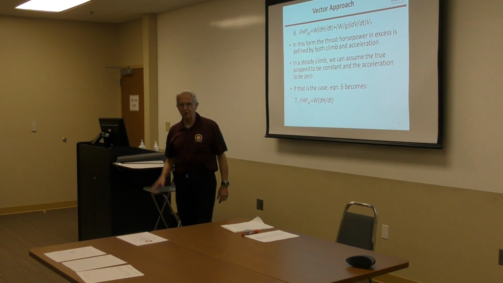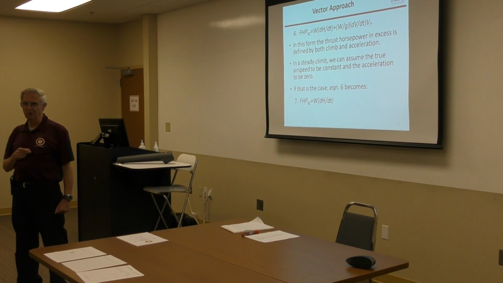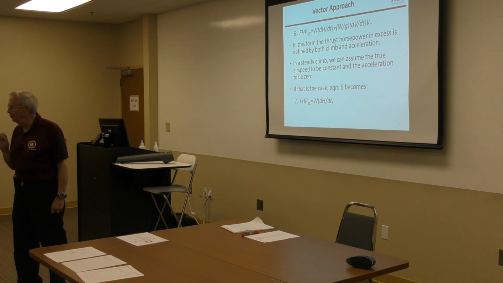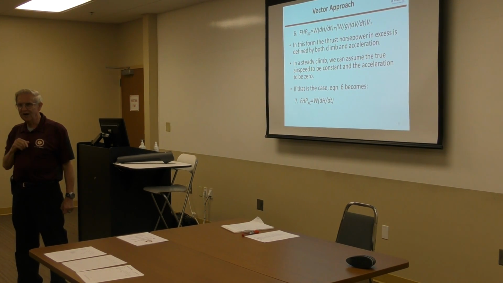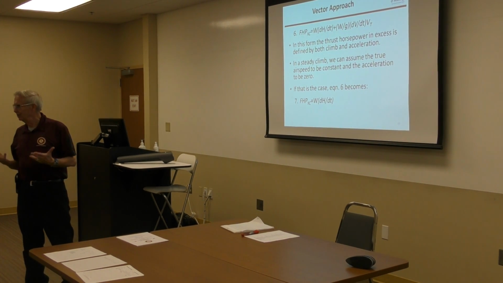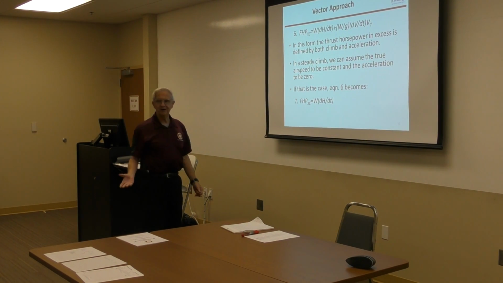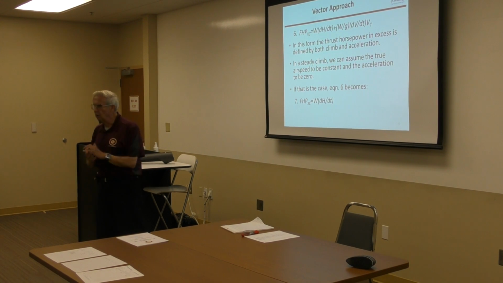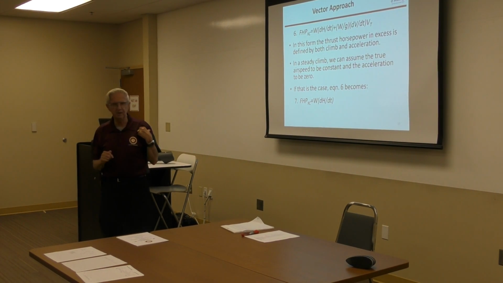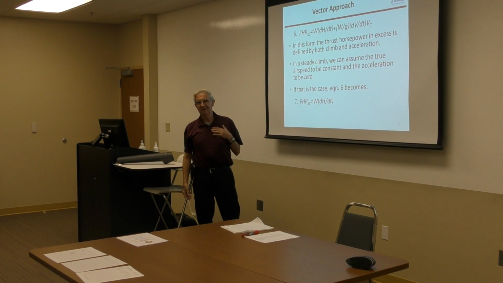However, if we say we're going to do a steady climb, we change dV/dt to zero. Now we know that isn't exactly true, because as we're climbing, the true airspeed increases slightly. But if we hold close enough, particularly at low performance, we can essentially ignore that little change in true airspeed and say dV/dt is zero, and then we're left with the rate of climb equation.